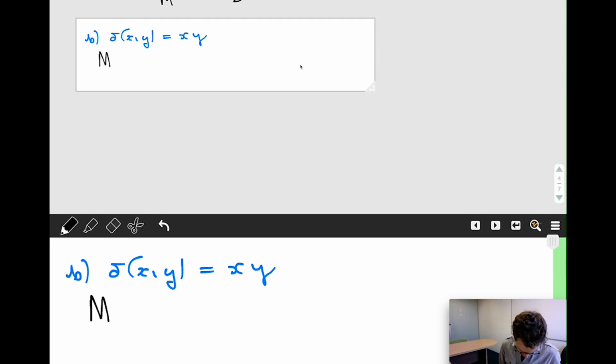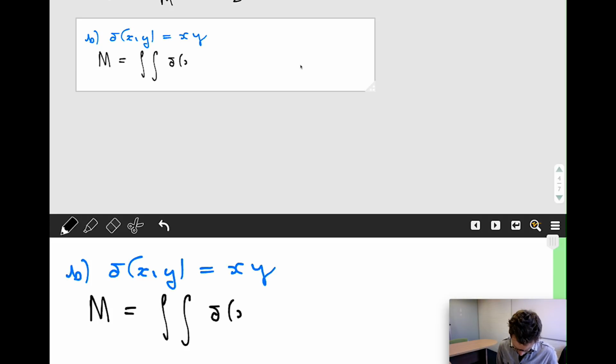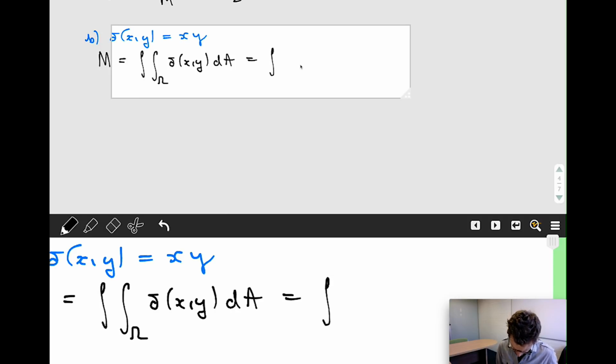So I'm just going to write down my integrals, and hopefully they'll go nice and quickly. We've got the integral over the density times the area. So my region of integration is the same, so the limits of integration are the same and the order is the same.